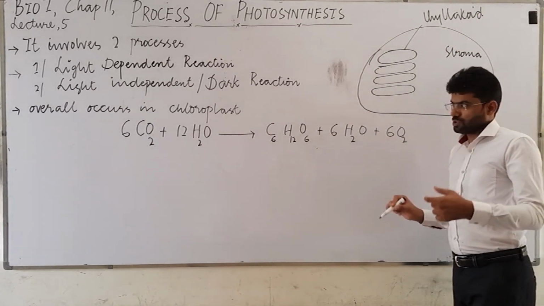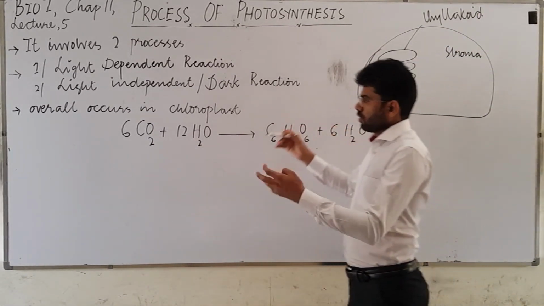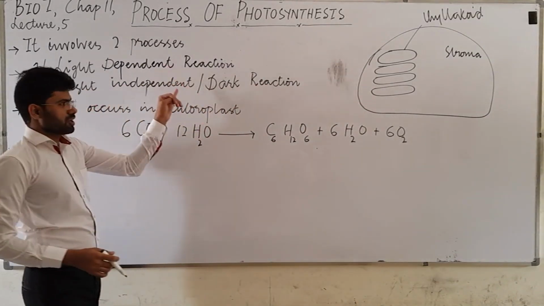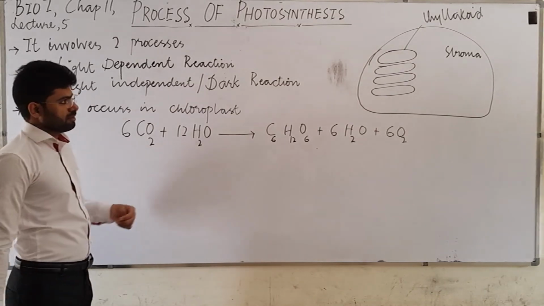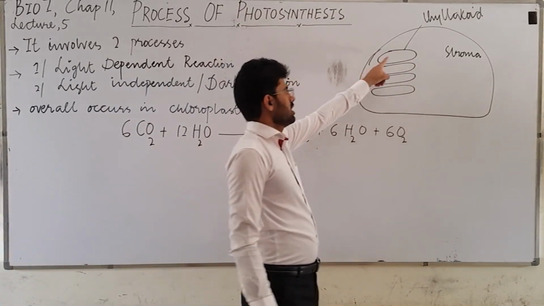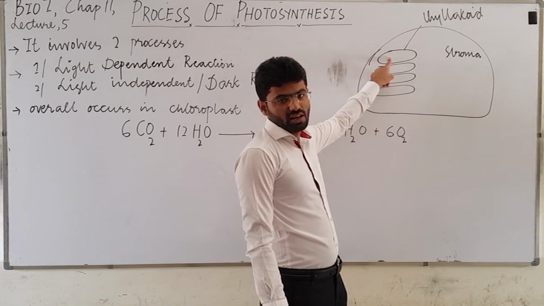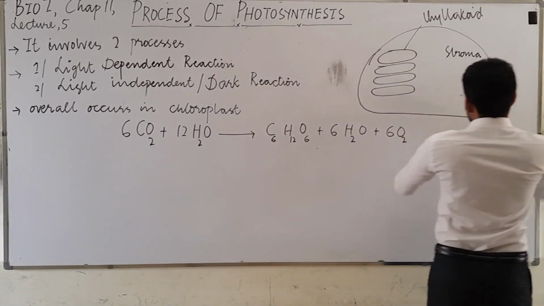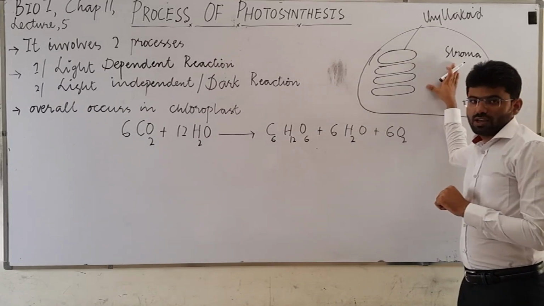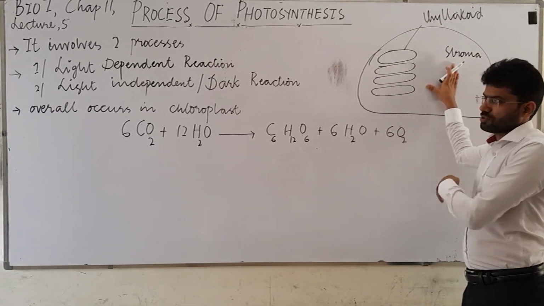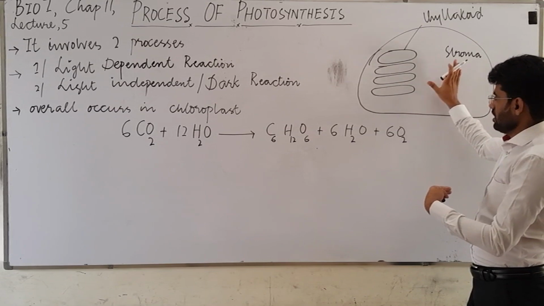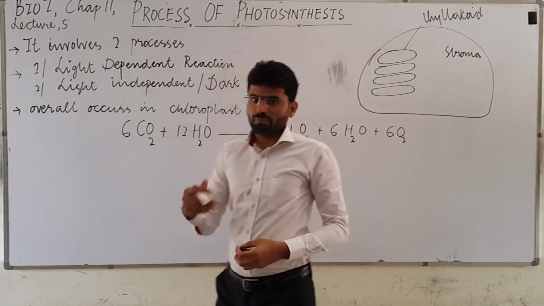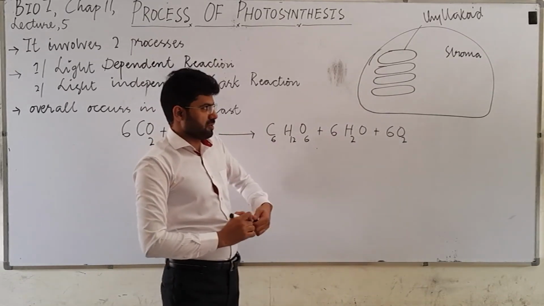If you want to conclude where in the chloroplast these 2 reactions are happening, the light reaction is happening in the disc-like structure called the thylakoid, and the dark reaction is happening in the space called the stroma, in which there is a fluid, or you can say the plasma, of the chloroplast.